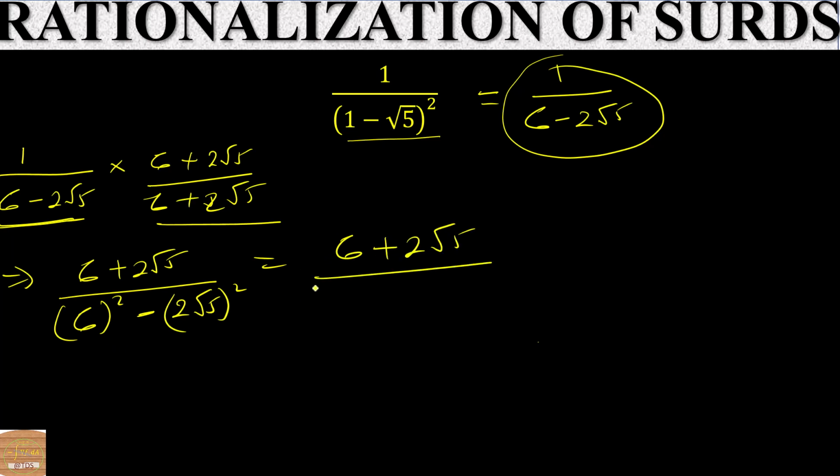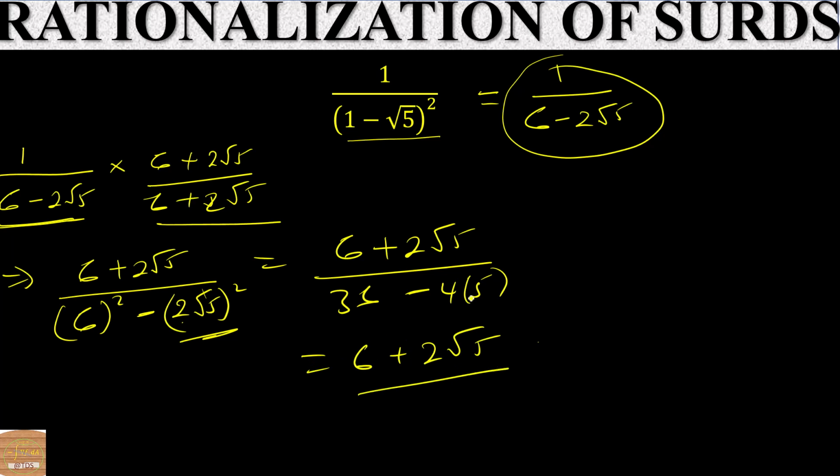All right. So 6 squared is 36. Minus, now we have to square everything. So 2 squared is 4. Then root 5 squared is 5, because it will cancel. So we have 6 plus 2 root 5 over 36 minus 20. So we have 36 minus 20, that is 16.